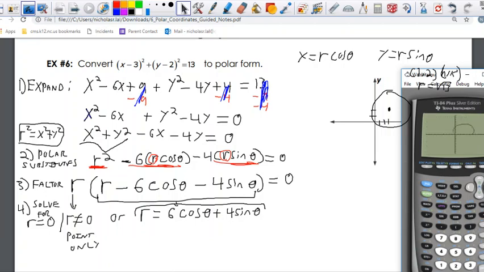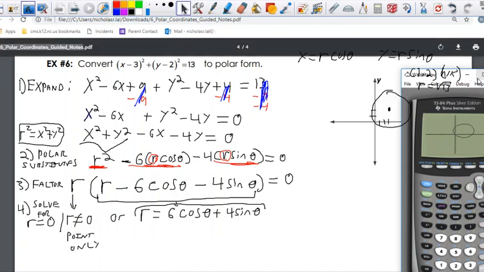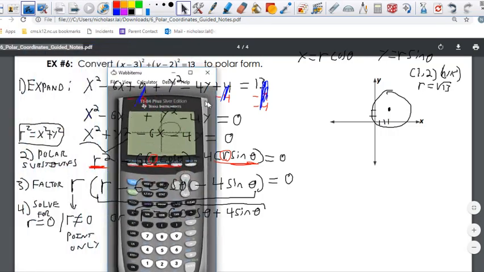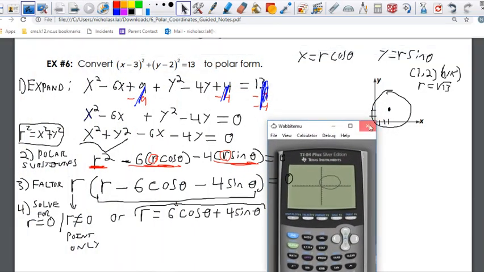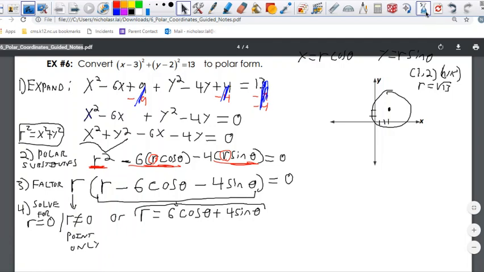Graph that. We should see that the circle matches up. All right, clearing annotations.